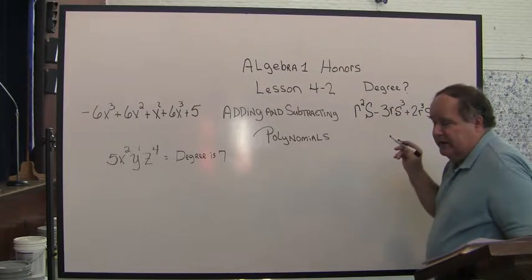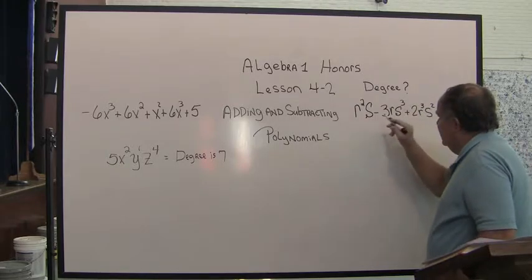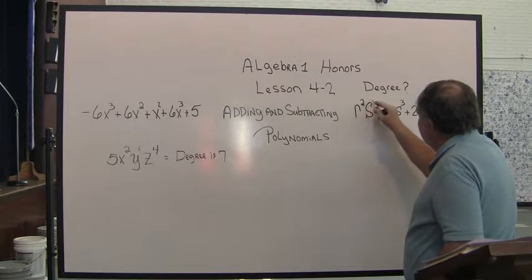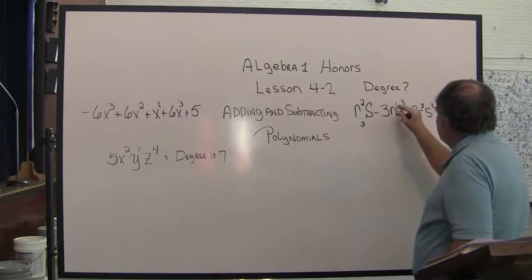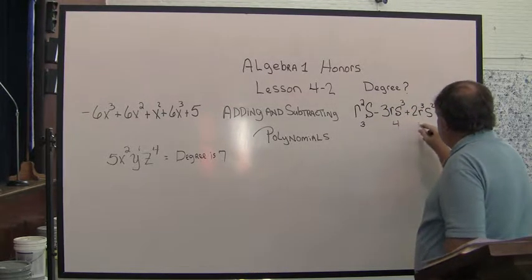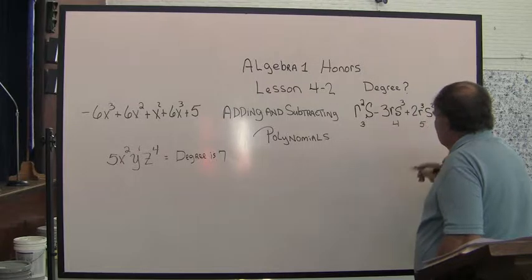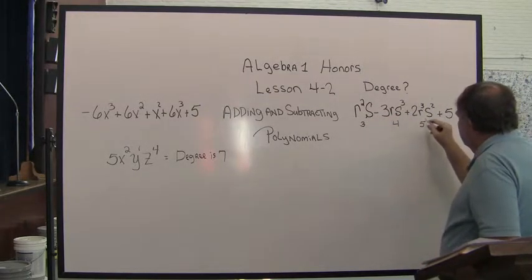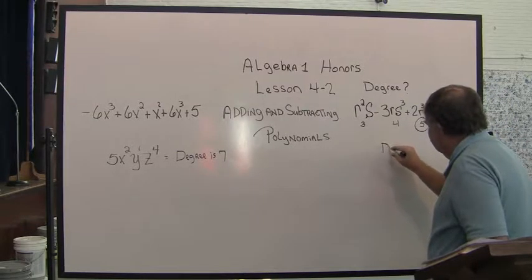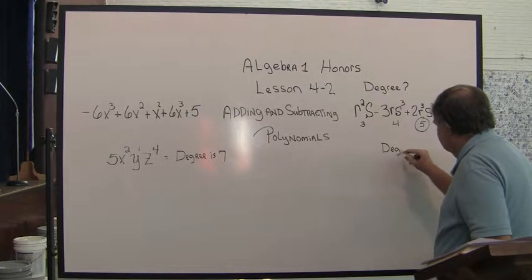That will be our degree, just in one of the terms. So in this case, I'm going to have 2 and 1, so the degree here would be 3. This would be 4. This would be 5. So for this entire polynomial, the degree is going to equal 5.